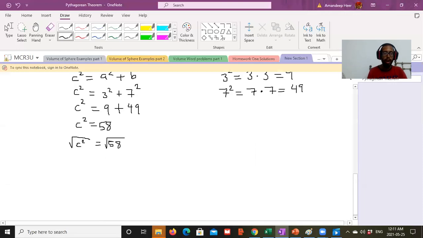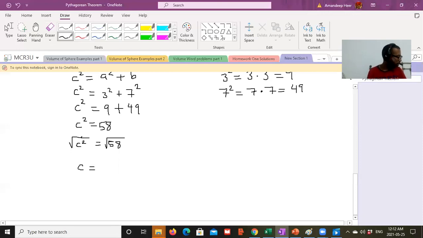Let me write this a nicer way because it's a little messy. Here's the exponent 2, and here's the square root. Notice that the square root and the exponent 2 cancel each other out, so you're left with C. Now what is the square root of 58?